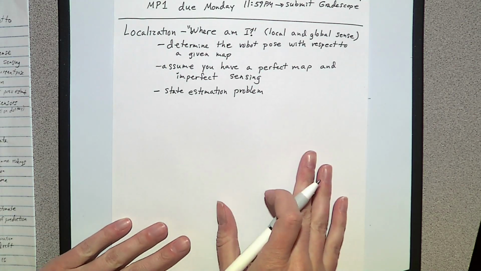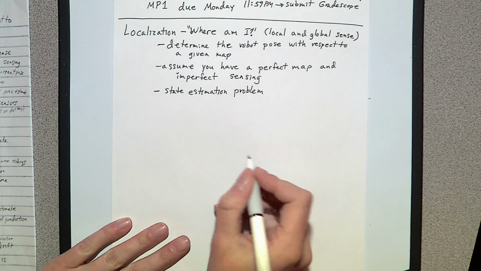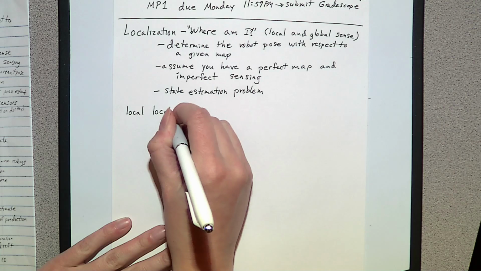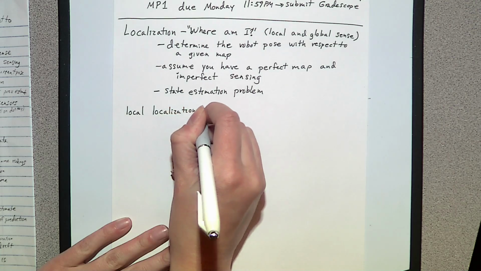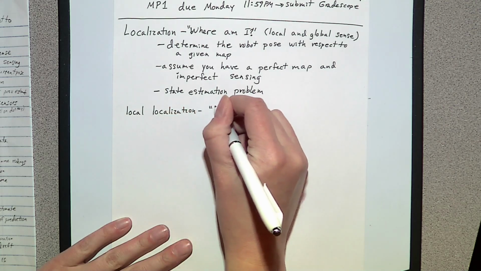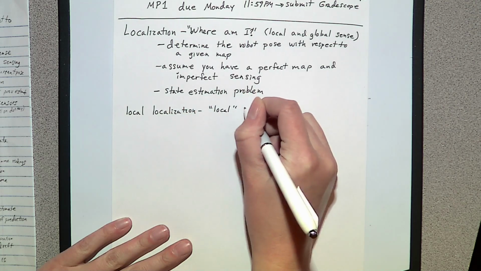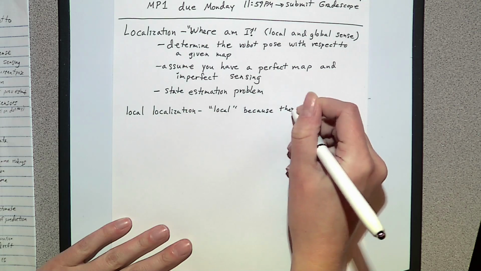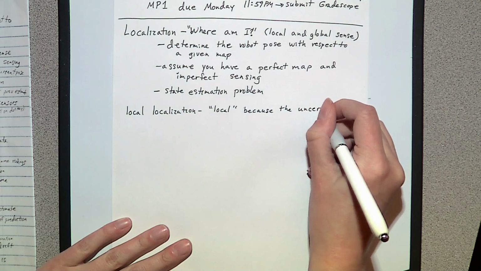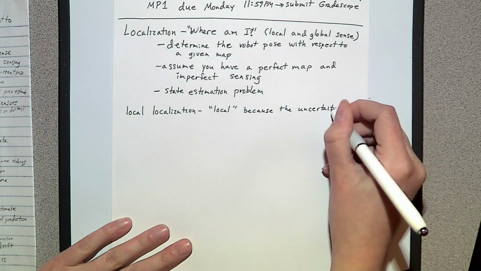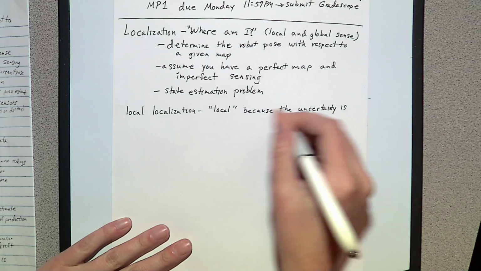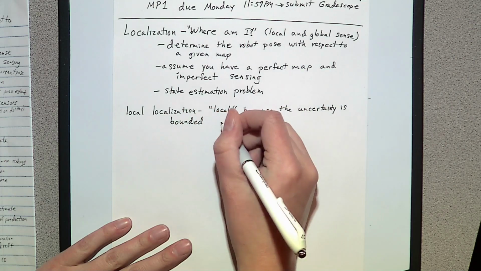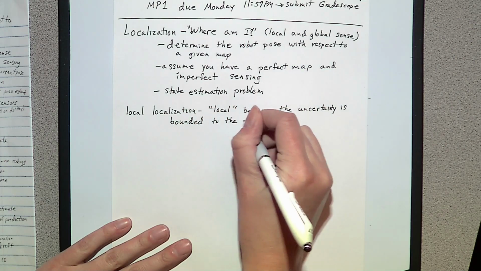So as I said, there's local and global localization. With local localization, we consider this local because the uncertainty is bounded to the current pose.